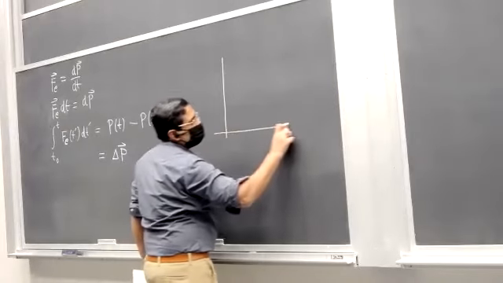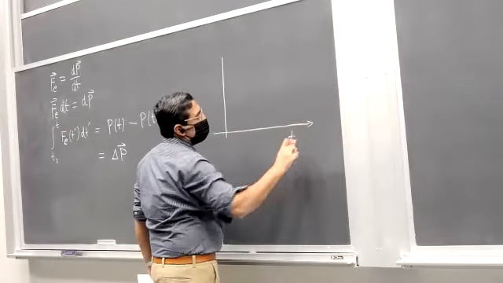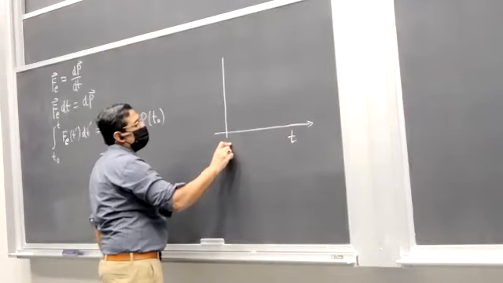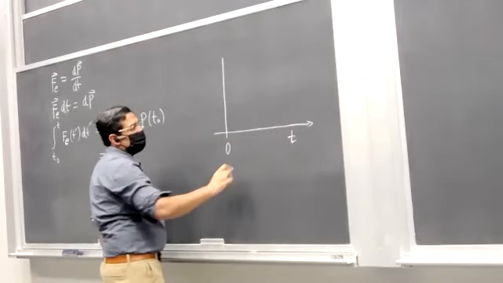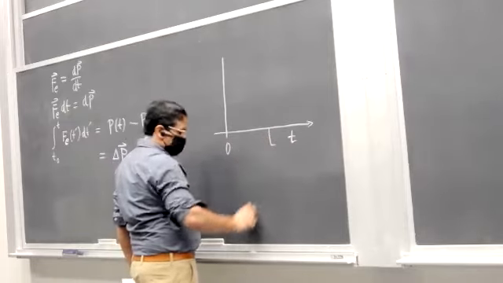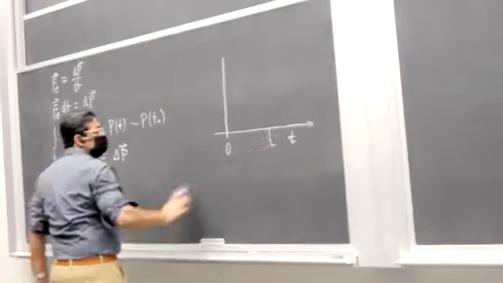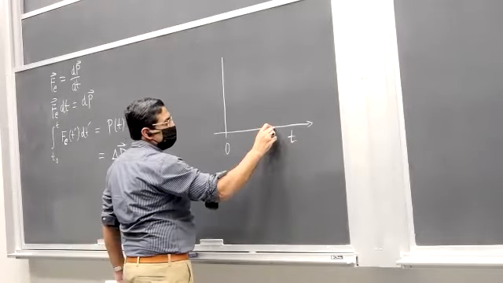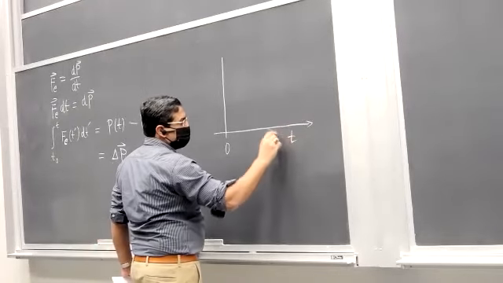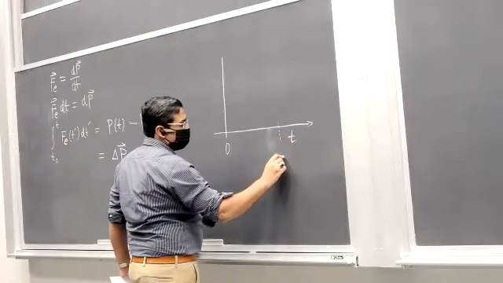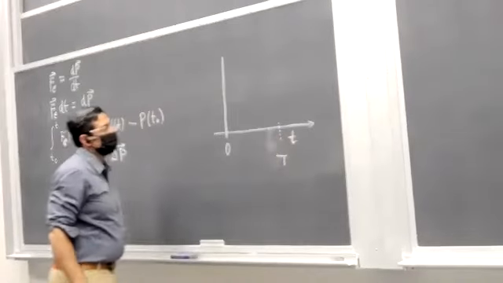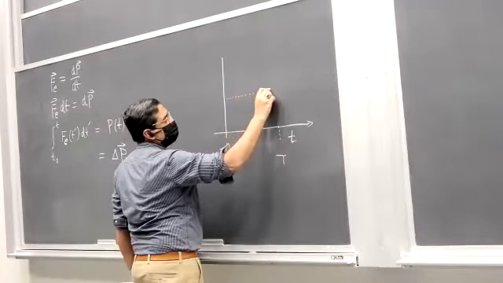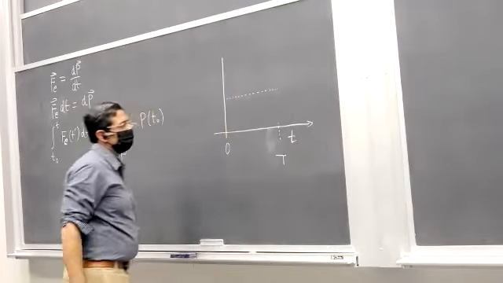So if it is a uniform force, if the force does not change in time, and you applied the force for a time from 0 to a certain time capital T, and the force is constant over this interval, a constant force is acting on that.